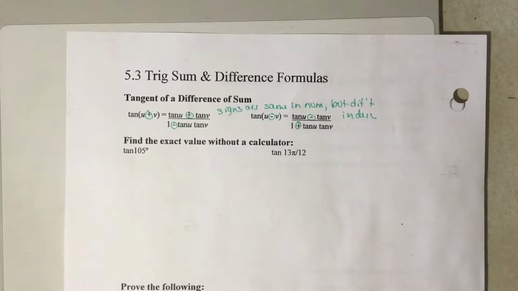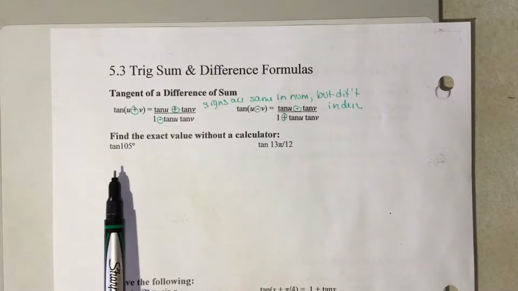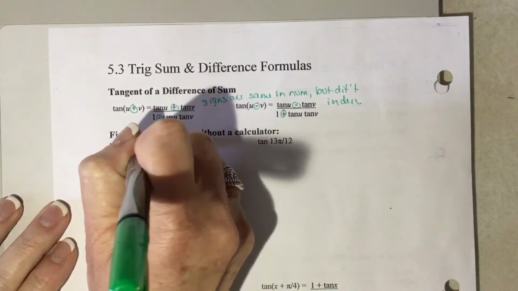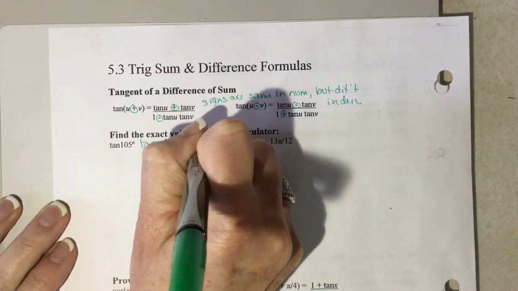All right, so now let's put this to work. Everything else is going to be exactly like what we did yesterday, because this is helpful when we have an angle measurement that isn't directly on our unit circle. So we have 105 degrees. So just like we said, we're going to take tangent of 60 plus 45.